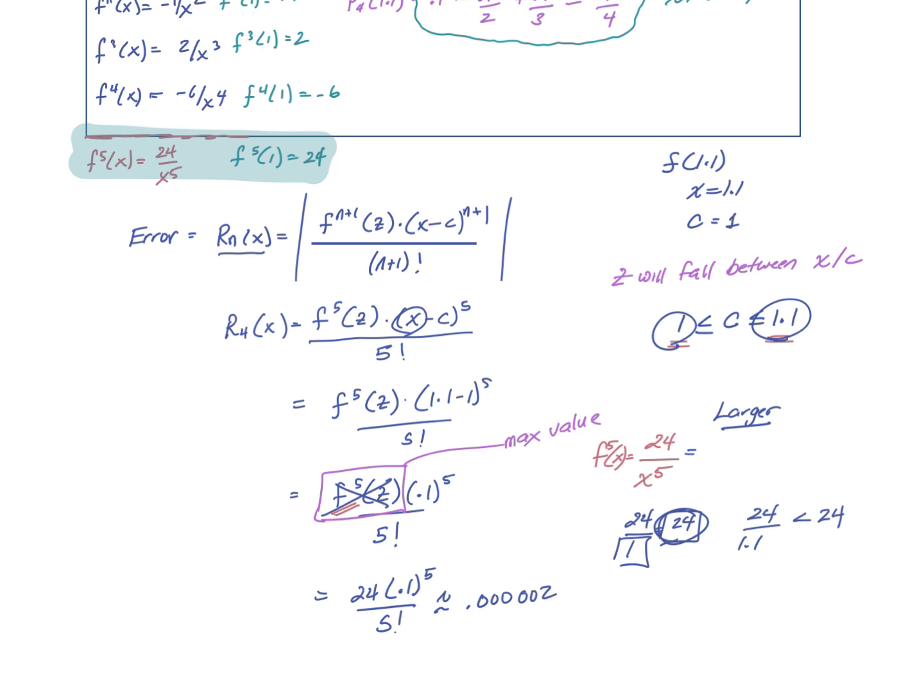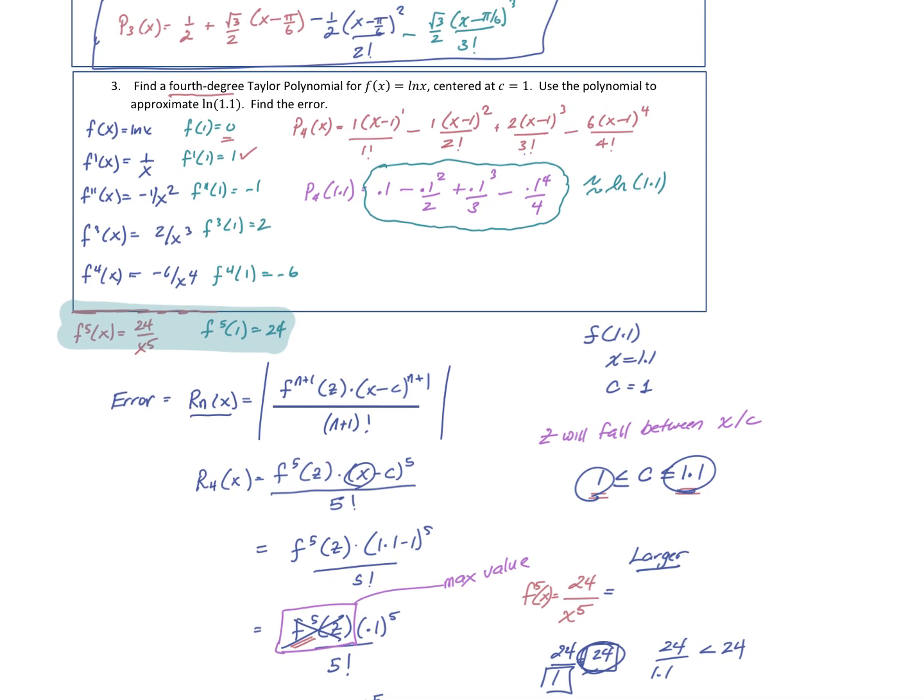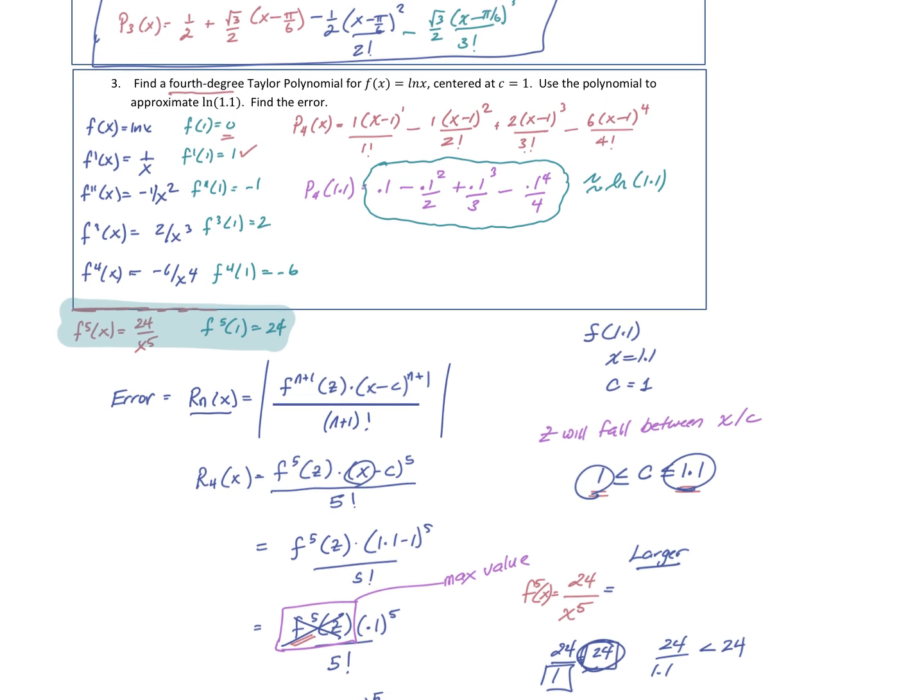So let's see if we can make sense of this. When I use my approximation, I get some value. I don't know what this value is, but whatever this value is, it's only off by 0.002 from the actual value of ln of 1.1.